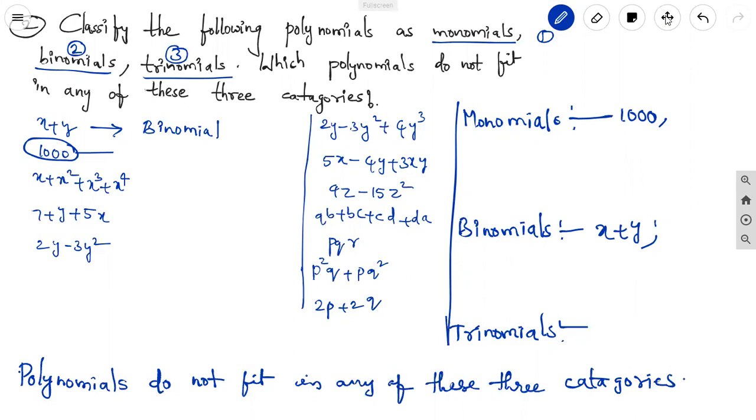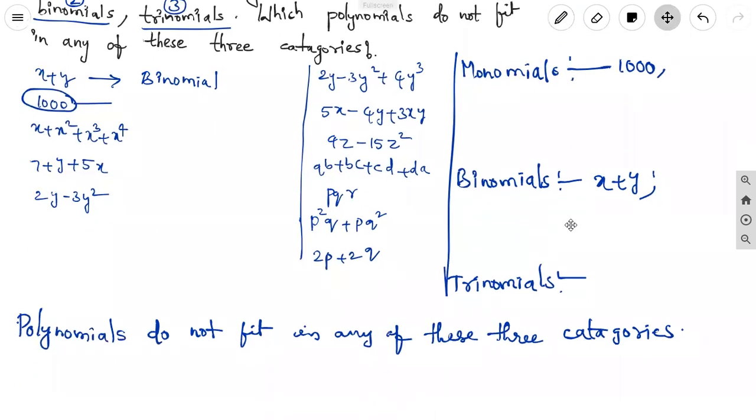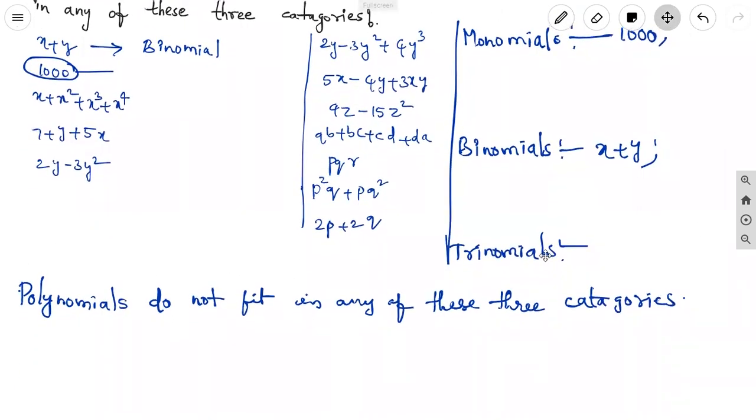What are they? This is x plus x square plus x cube plus x to the power of 4. This is the fourth category.